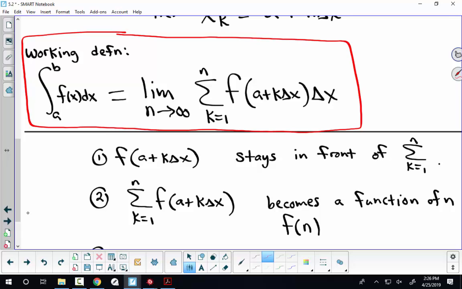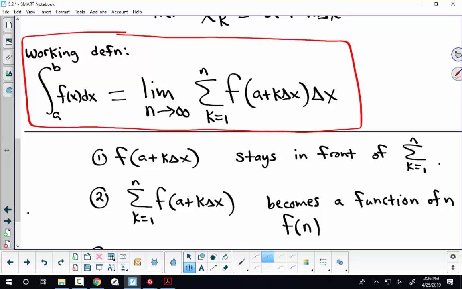So the delta x is just going to be some expression that involves n. Like we said, the summation operates on things that involve k. So the only thing that has to stay in front of the summation is the f of a plus k delta x.